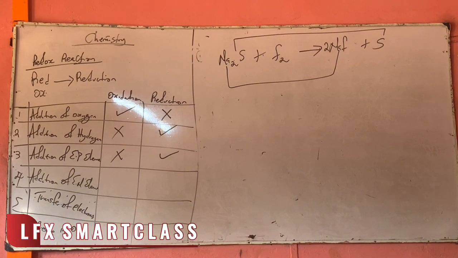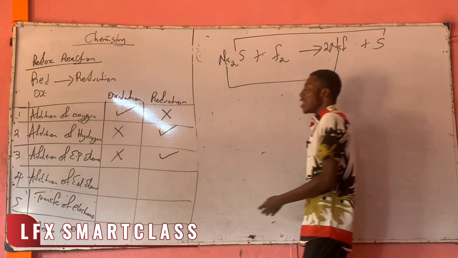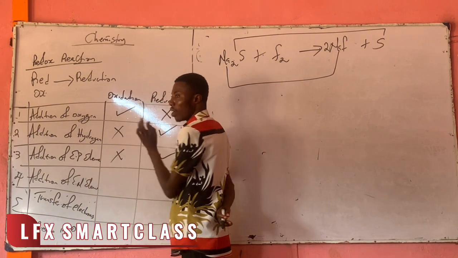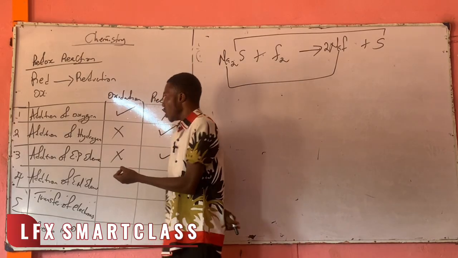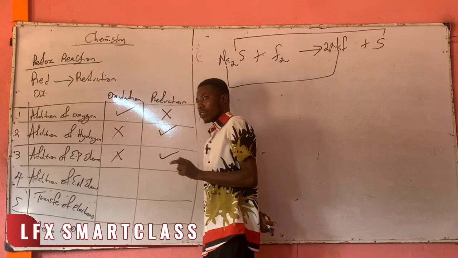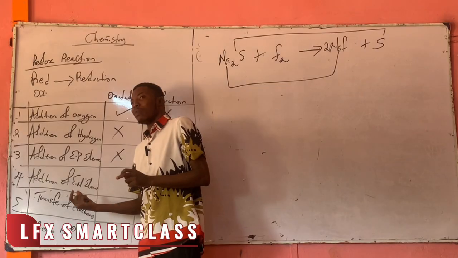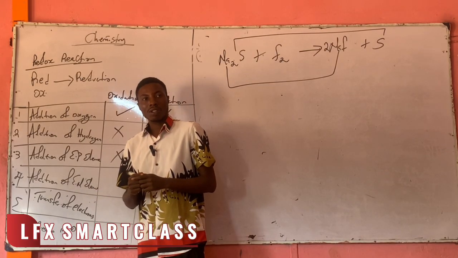What really happened here is that we say addition of electropositive elements, which are metals. If you add metals, it is going to be what? Reduction. But if you now remove metals, it's going to be what?